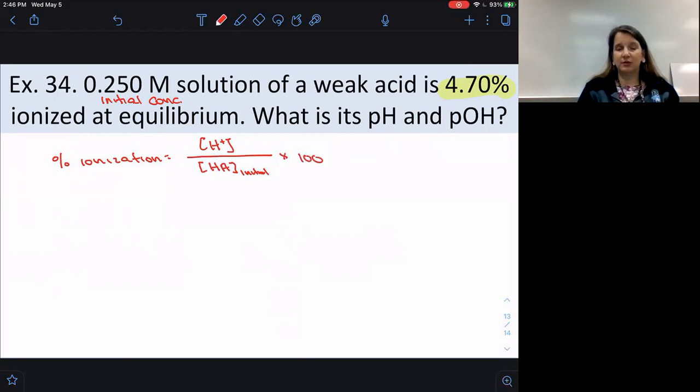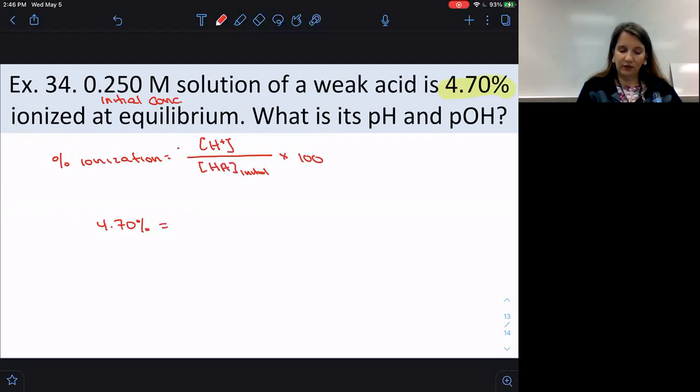Now, the difference here with what we were doing with our pH calculations of a strong acid, we can't just use this 0.25 molar and take a negative log of that because it's not ionized completely. So we have to use the fact that it is 4.70% ionized to help us to solve for this.